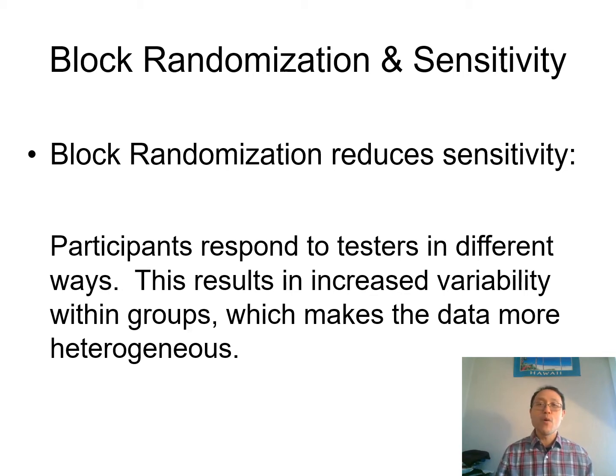So all of these people are going to respond in various ways, and that just has to do with the way that you react to a certain situation. All of these different reactions or interactions with the experimenter are going to create variability within groups. This is going to make the data more heterogeneous. Heterogeneous means that you get a lot of variability in the data, as opposed to homogeneous, where you get very tight internal consistency within the data.